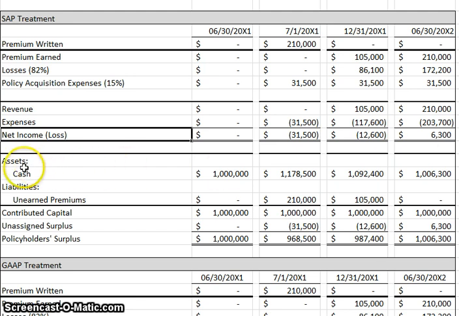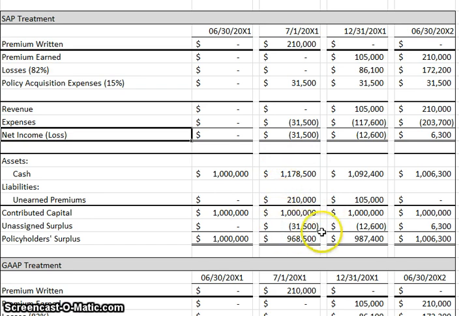So here we have assets. We have the original cash. We have the additional $178,500, which is the premium minus the acquisition expenses, gives us more cash, $178,500 more.